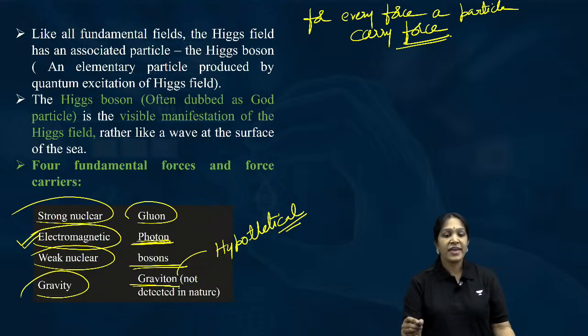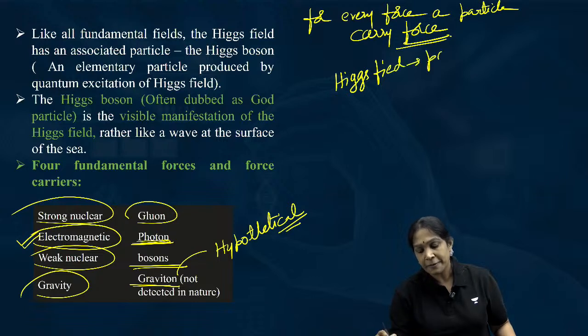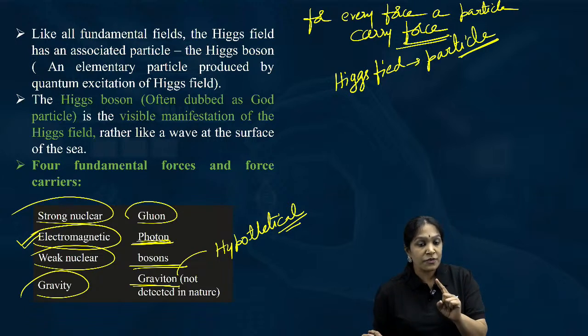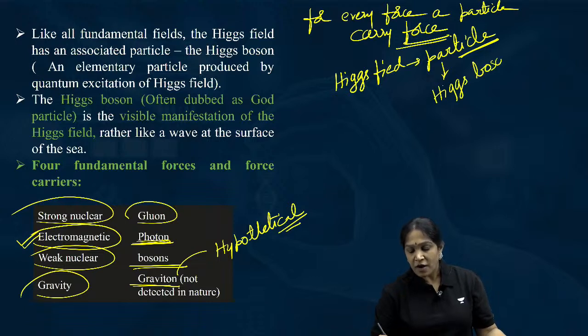Same way, the Higgs field should also have a particle. Listen very carefully. This is very, very important and interesting. The Higgs field also has a particle. That particle is called the Higgs boson. We also call this the God's particle.